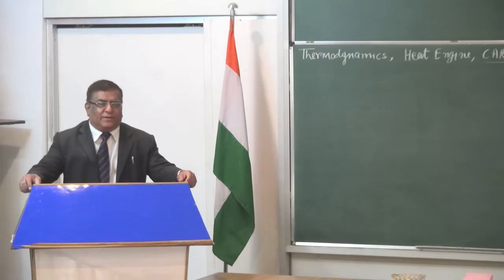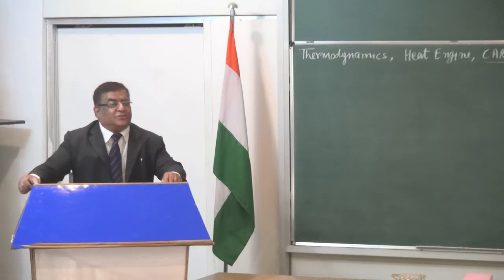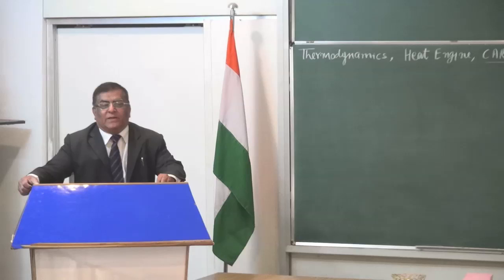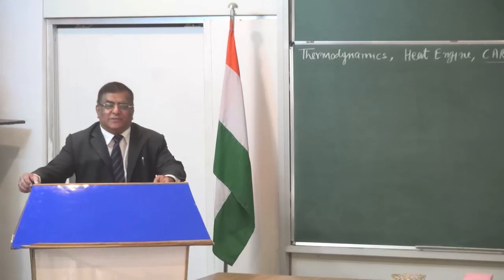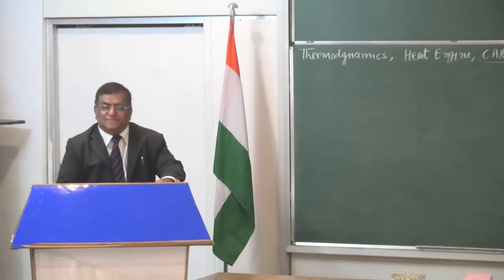Today we will study the practical aspect of it, how there are variations of pressure, volume and temperature in the working of a heat engine. In the heat engine, the basic ingredients or elements remain the same. There will be one source at a higher temperature, from which we can take the heat energy.